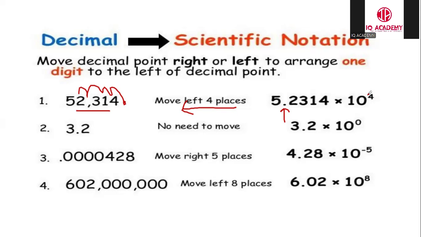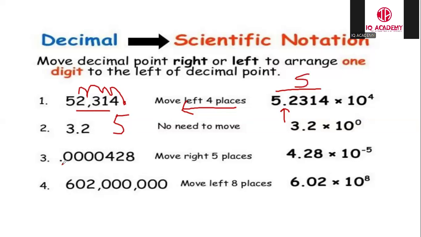For example, this number here has how many significant figures? It has 5 significant figures because all these are non-zero numbers. So when you express it in scientific notation, the answer should have 5 significant figures. After moving the decimal place, I can still count these as my 5 significant figures. So take note of that.